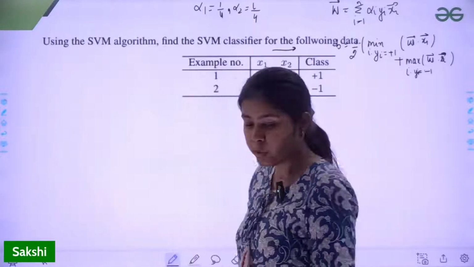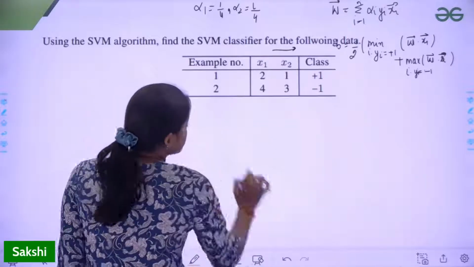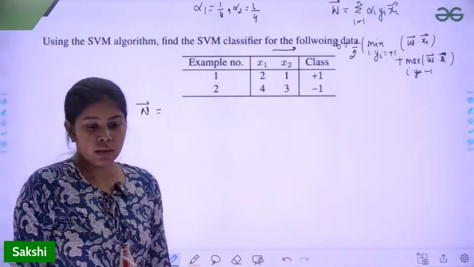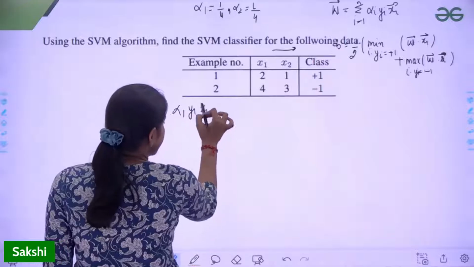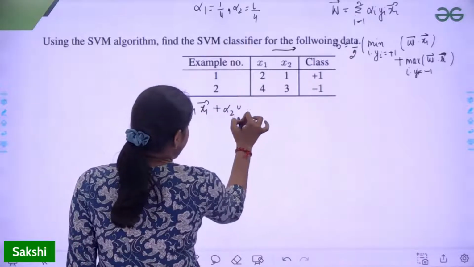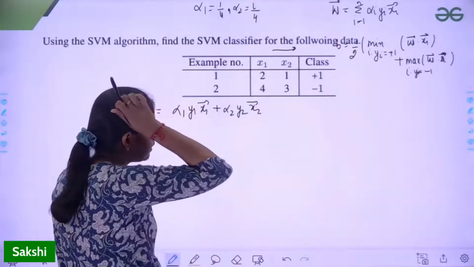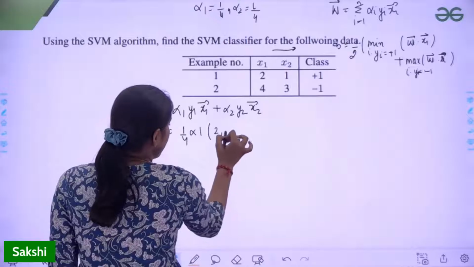Okay, so let's find out what the w vector is. w vector is the summation of alpha i, yi, xi vector. So it would become alpha 1, y1, x1 vector plus alpha 2, y2, x2 vector. Alpha 1 is 1 by 4, y1 is 1, and x1 vector is 2 comma 1.